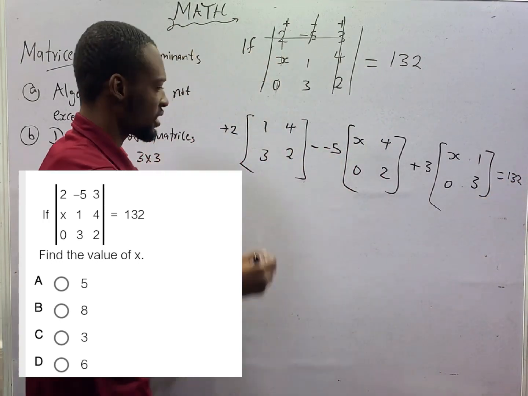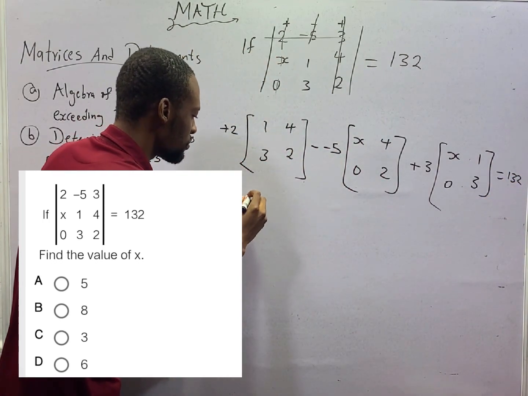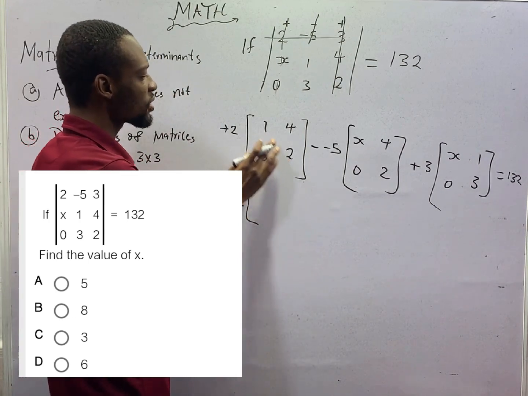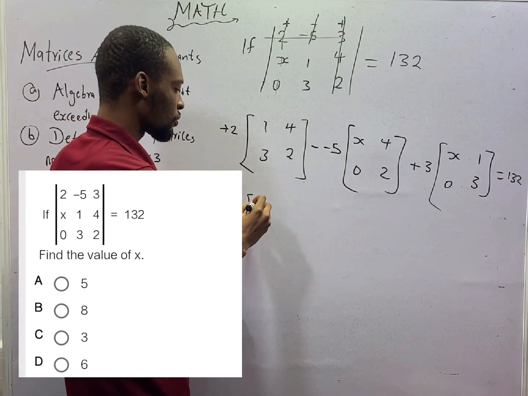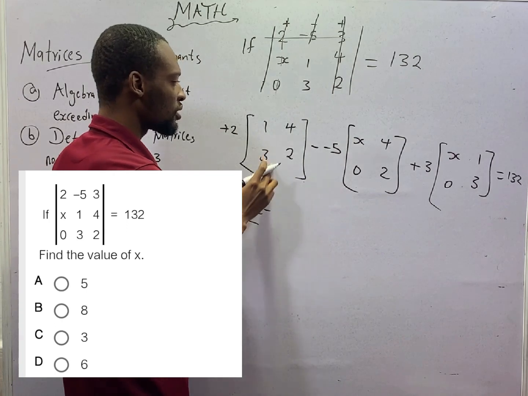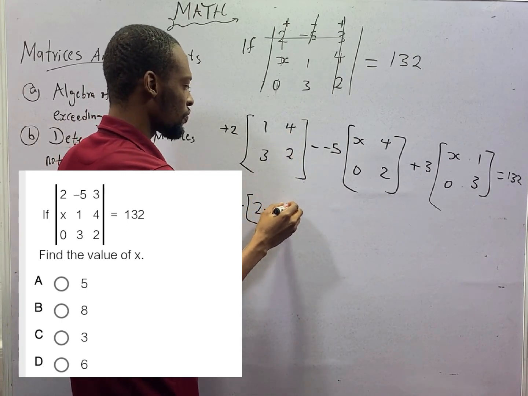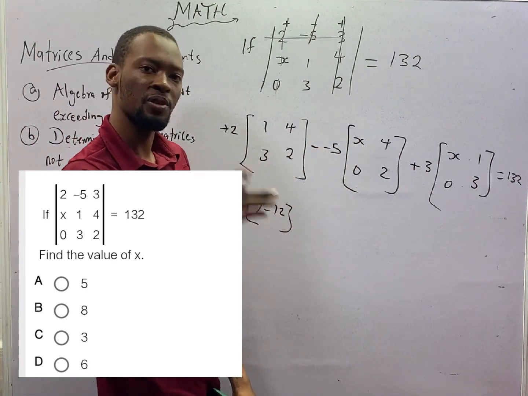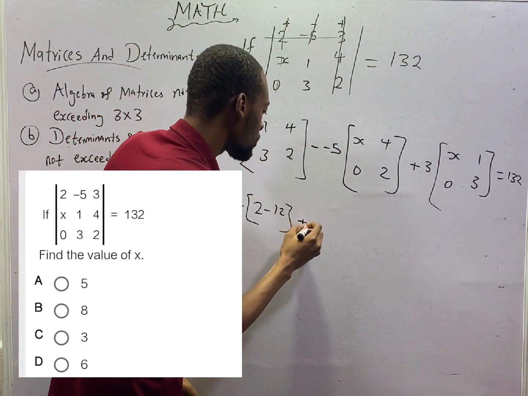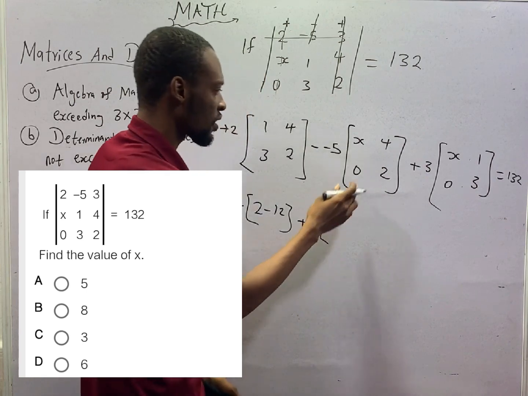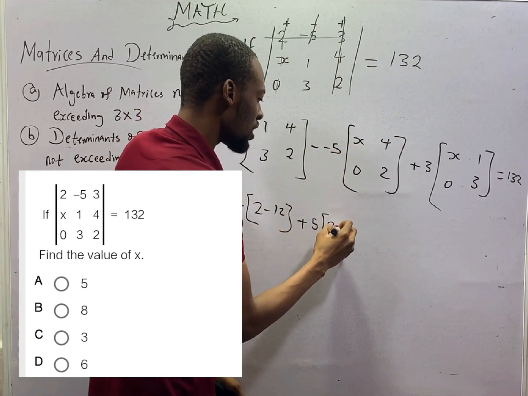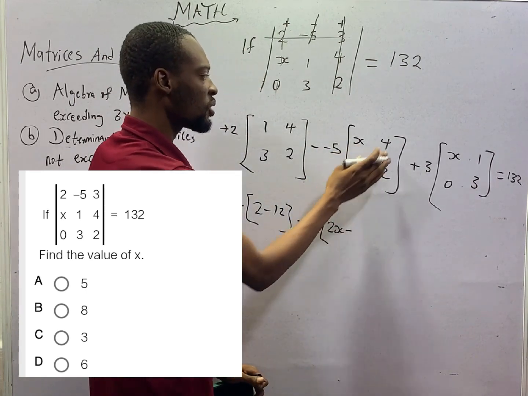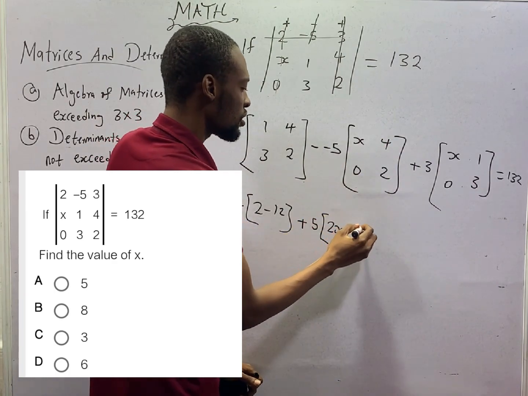If I am correct, plus 2 will mean 2 times 1 is 2 minus 3 times 4, 12. That is the determinant of this one. Minus times minus is plus. So plus 5. 2 times S is 2S minus 0 times 4, 0.